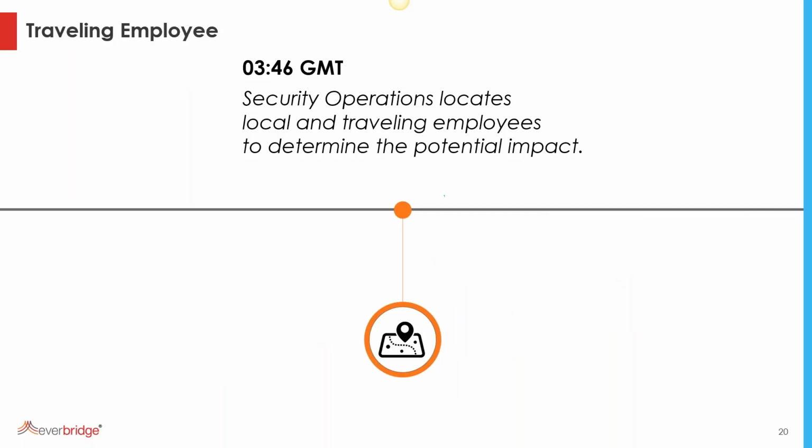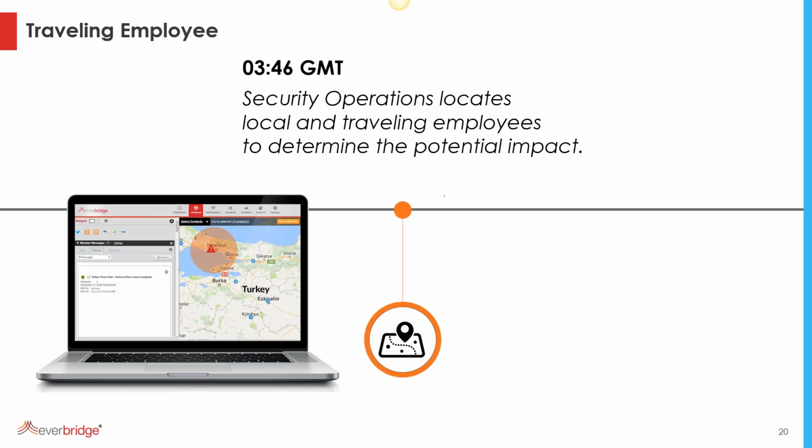So the security operation person will be able to look at the map and see what employees may be impacted by this threat. We know that this traveling employee, this executive, had an expected location in Turkey. The expected location has been fed into the Everbridge platform through the itinerary. Because this employee has an itinerary, we know their expected location. So on the map, we can see that they're going to be in Turkey.